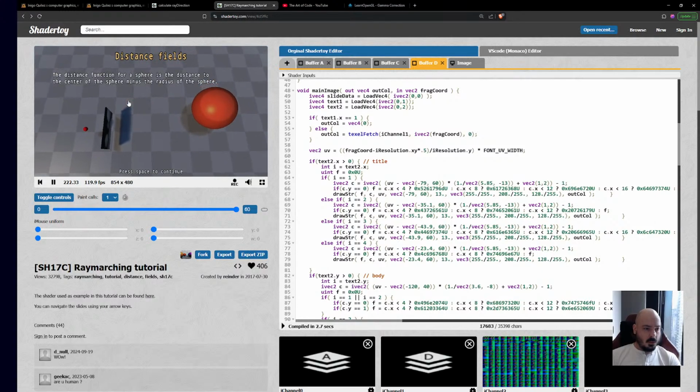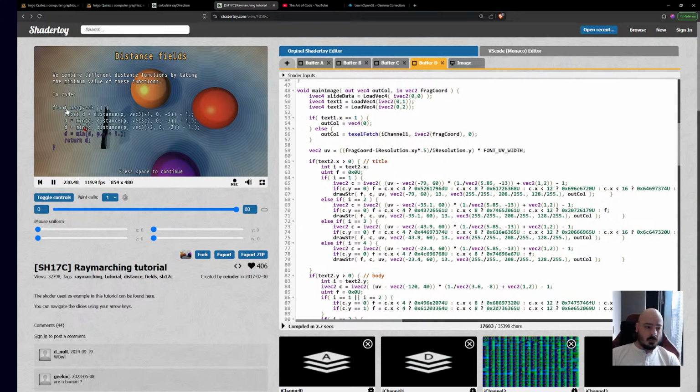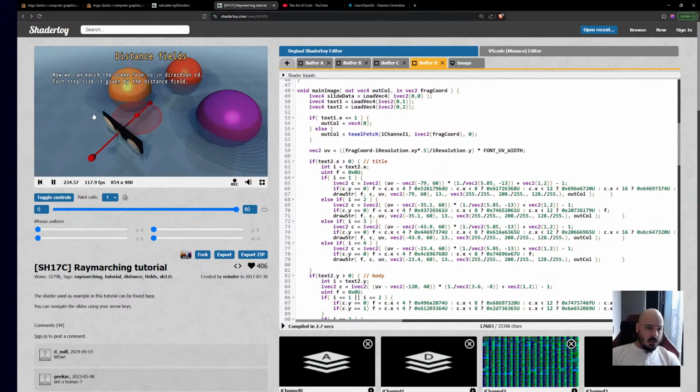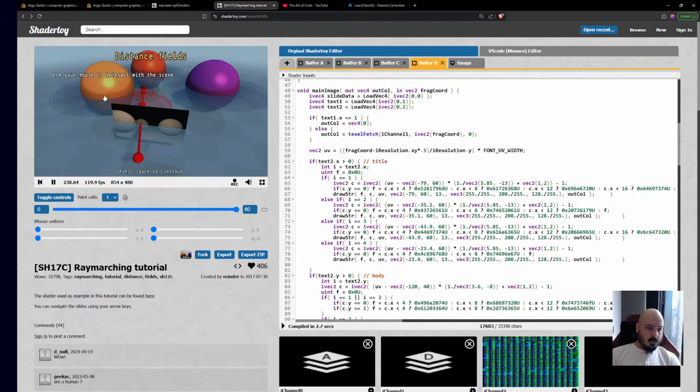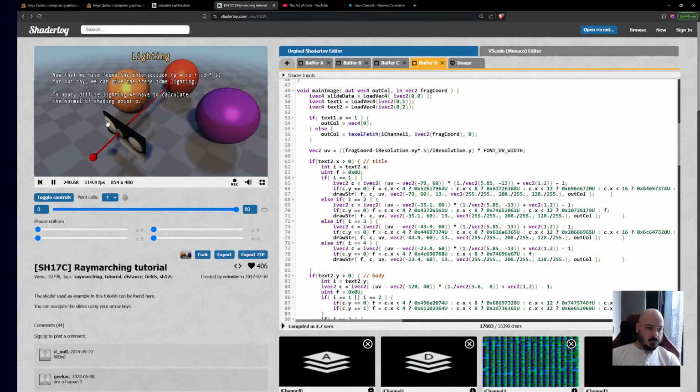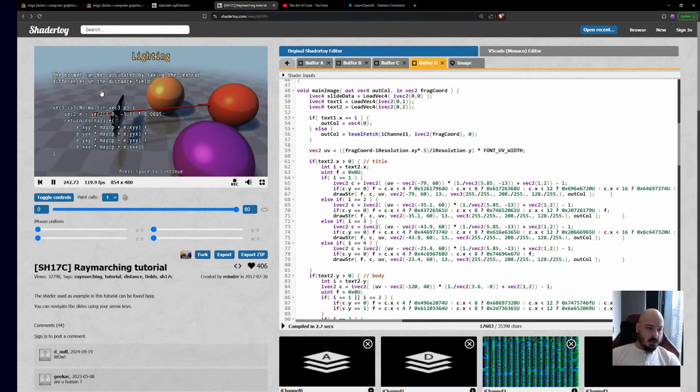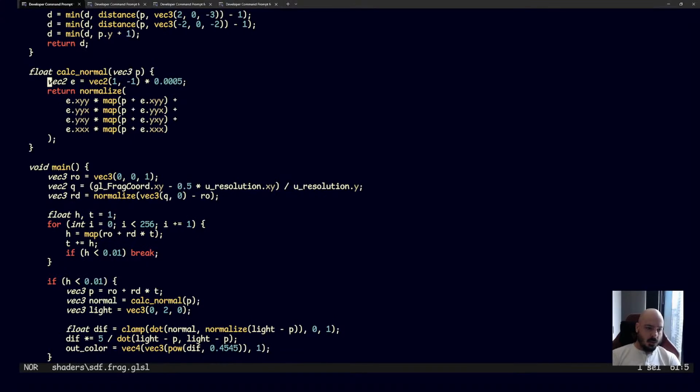Explains distance fields. Okay, we're mapping the scene. And yep, that's fine. We're marching. Now I've got to calculate the normal. So we're returning a vec3. Right, yeah, of course. We're swizzling these to vec3s, so we've got to return a vec3.